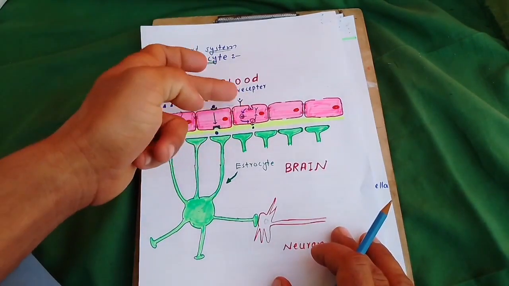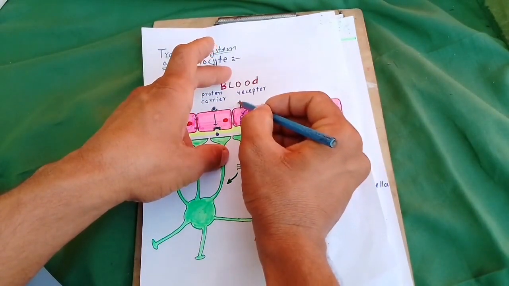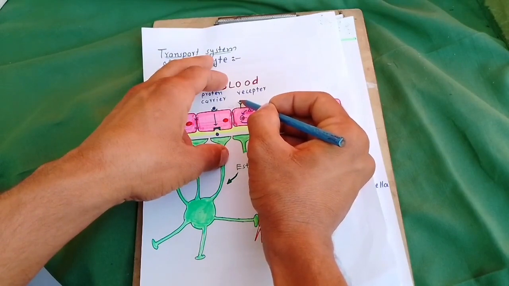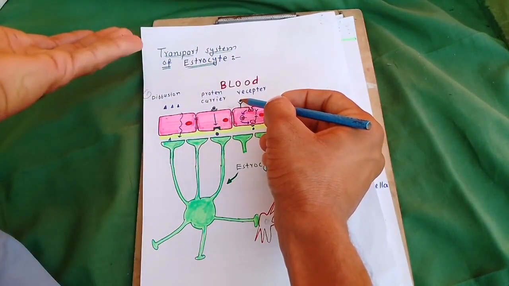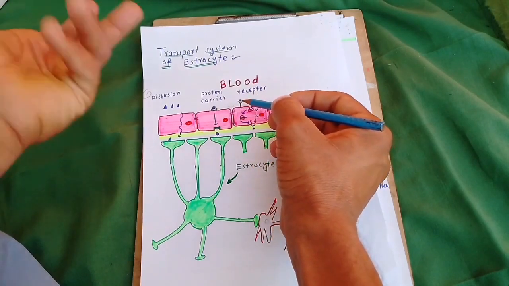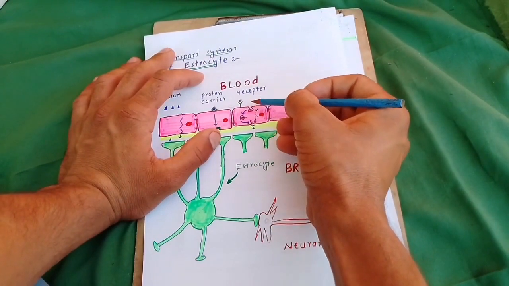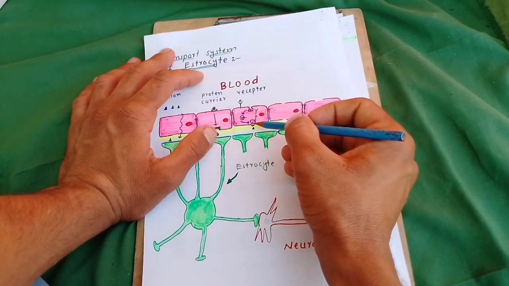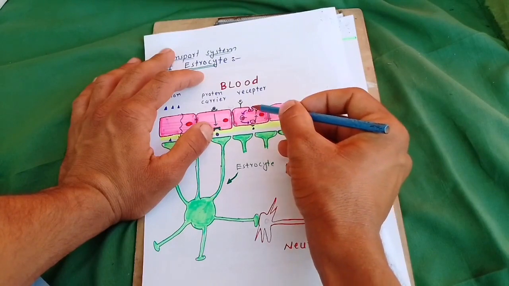Another mechanism is the receptor. The endothelial cell has specific types of receptors. This receptor combines with a substance, suppose a carbohydrate, amino acid, protein, lipid, etc., and enters the cytoplasm of the cell by endocytosis.